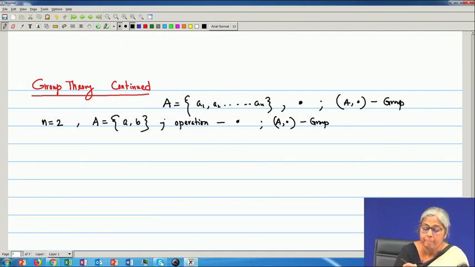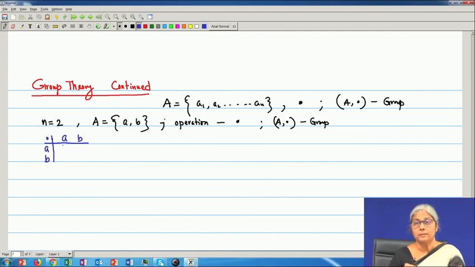Now, this will be a 2 by 2 matrix and we see what will be the elements of the matrix. So, we represent like this. Now, see A dot A, since it is a group, it has some identity element, and since it has two elements only, one must be the identity element. So, let A be the identity element.